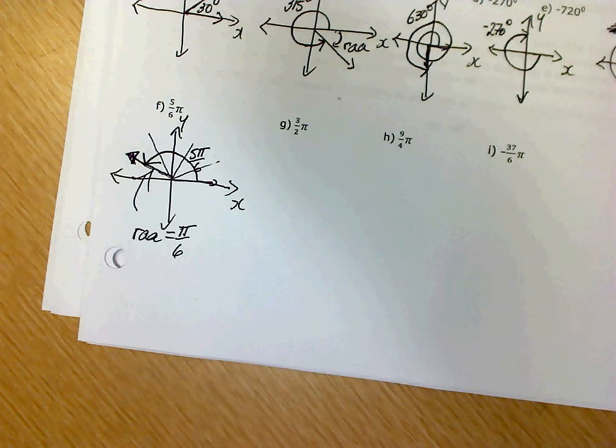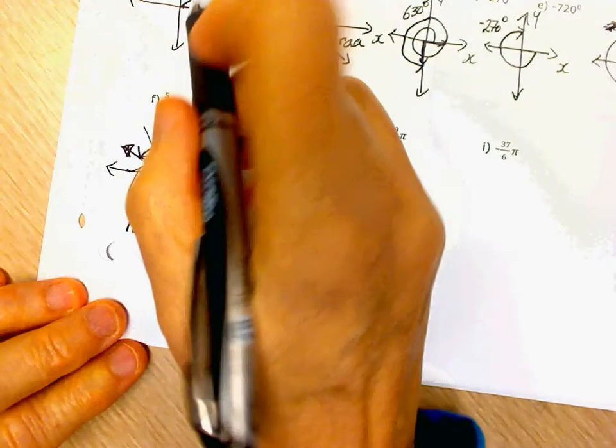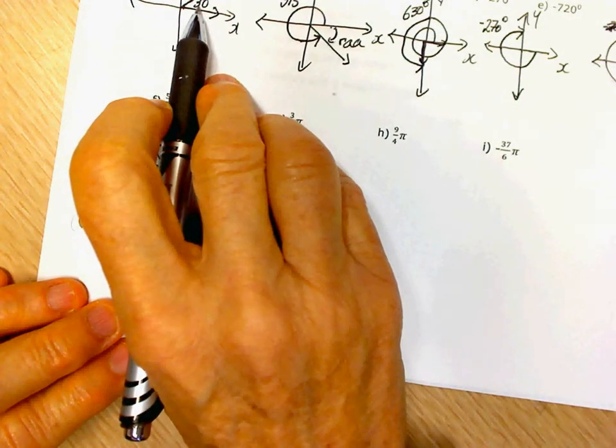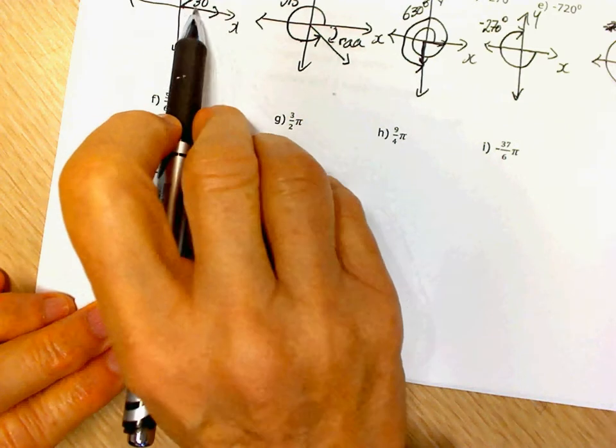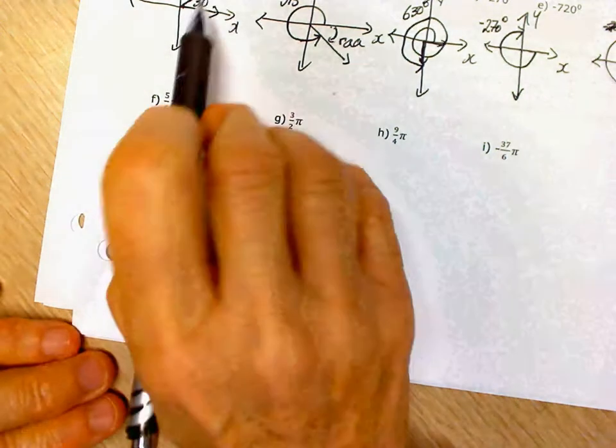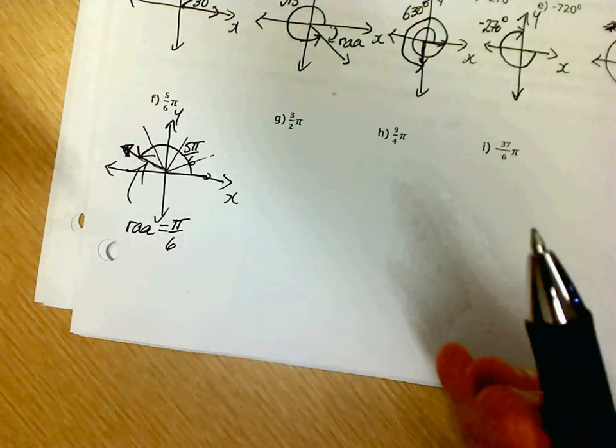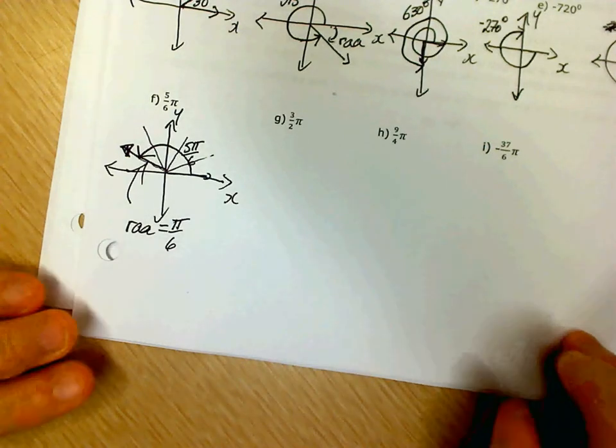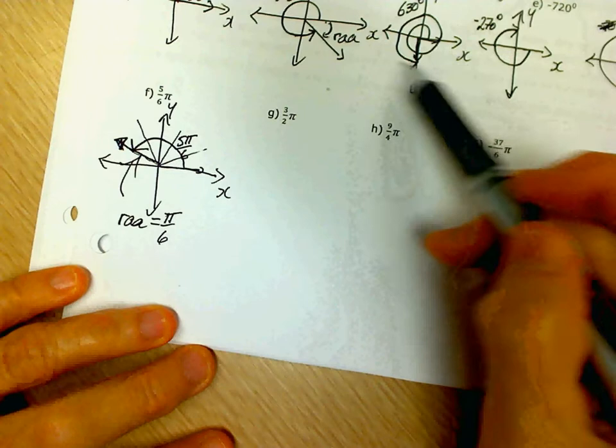Okay, this one, the angle is just 30 degrees. It doesn't really have a related acute angle because the related acute angle is itself for 30 degrees, right? And for quadrant angles, there's not a related acute angle.